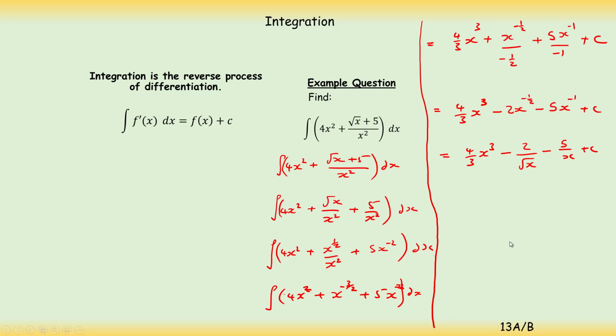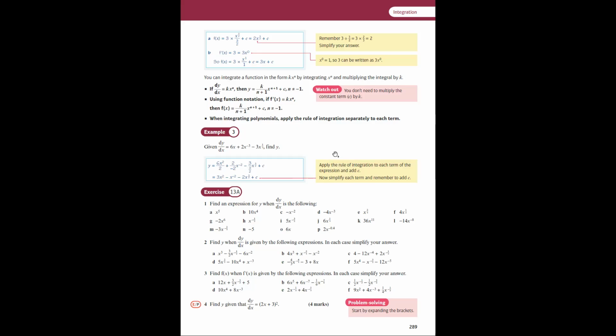Hit pause, copy that, and I've got some questions for you to have a go at now. Right, so I've got questions for you in exercise 13a initially, and you've got dy by dx equals each one, and then you reverse that.